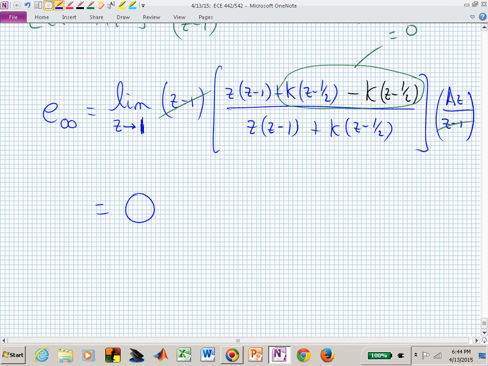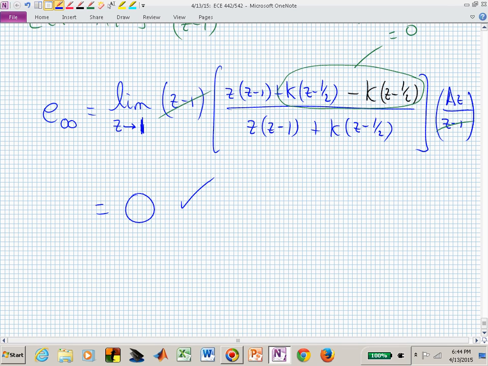And that's what we said we were going to get. That pole at z equal 1 for a discrete time, that was our integrator. That was giving rise to this z minus 1 factor that popped up into the numerator.